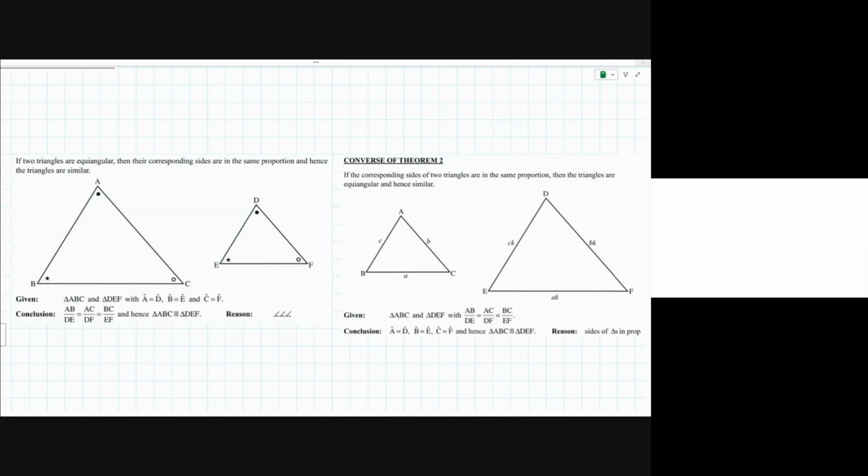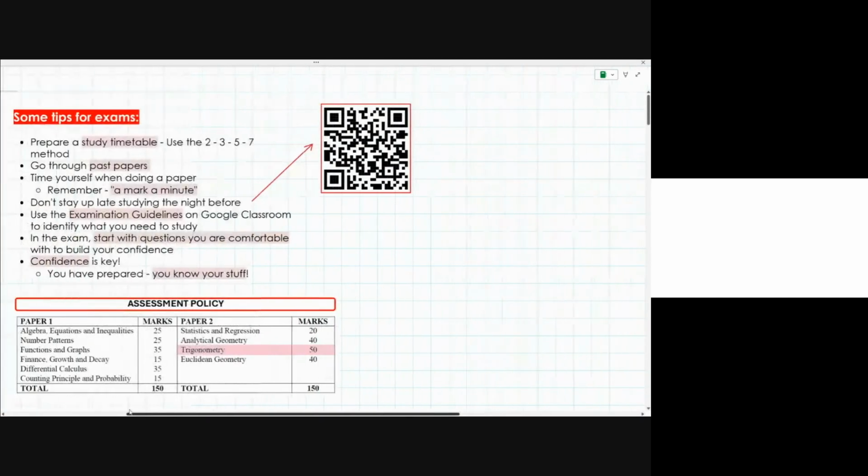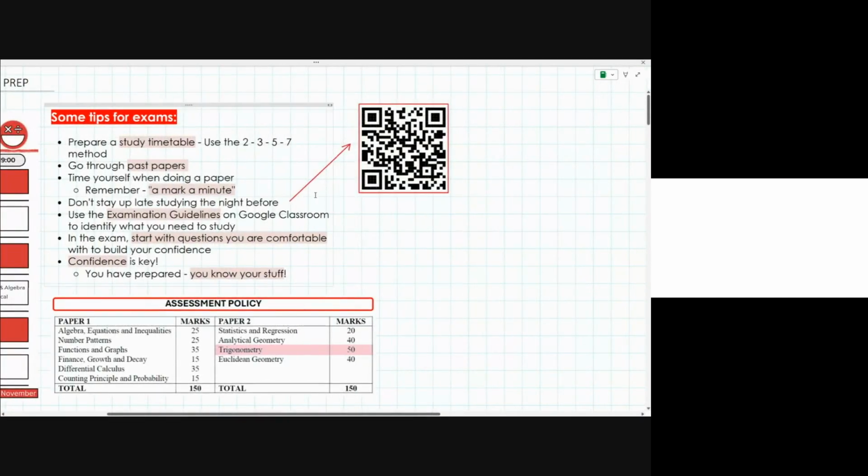There are 7 proofs that you need to know. If you go to these exam guidelines that I always harp on about, so if you take that QR code, it tells you in the exam guidelines exactly which theorems you have to know how to prove for Euclidean geometry. It tells you everything for each section, but it does tell you which theorems.